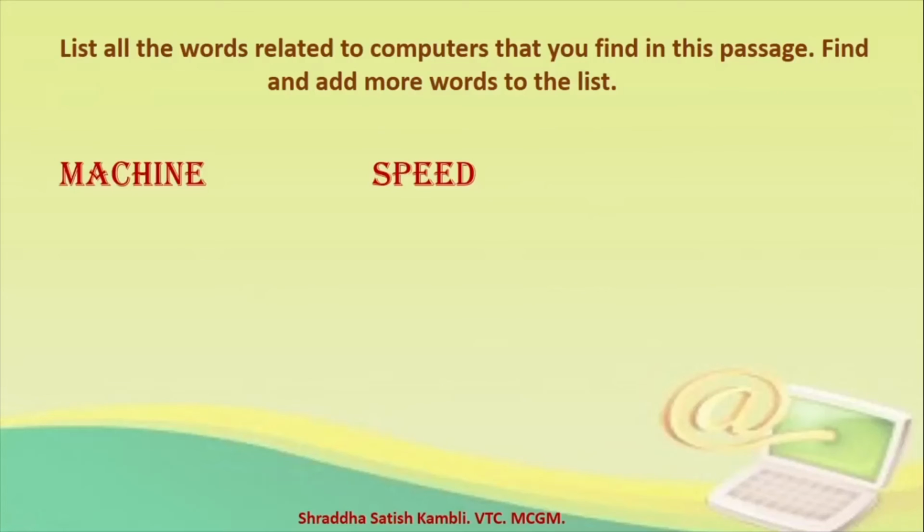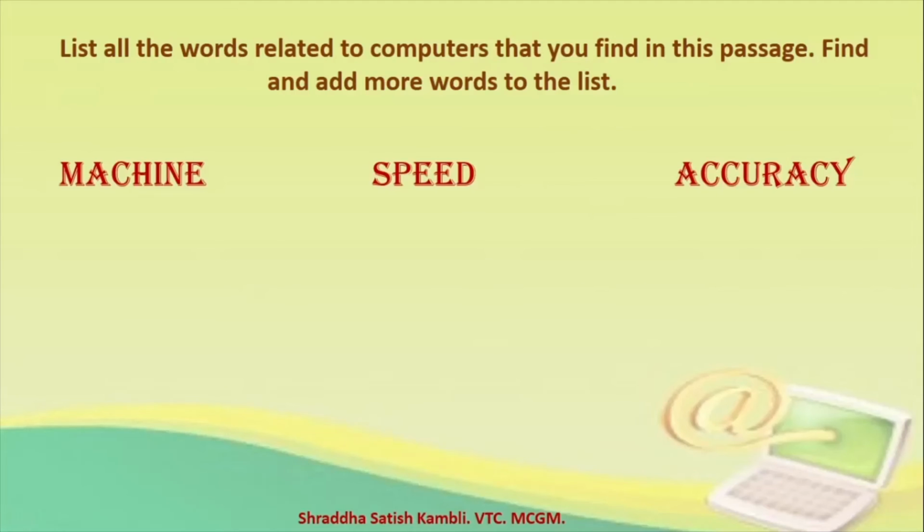No matter what the volume of the calculation is, calculation might be very big, the numbers may be very large, but the computer can work fast. It can also work accurately. So accuracy is one more word related to the computer in the textbook. Accuracy means correctness. If someone's work is accurate, it means he has not made any mistake.